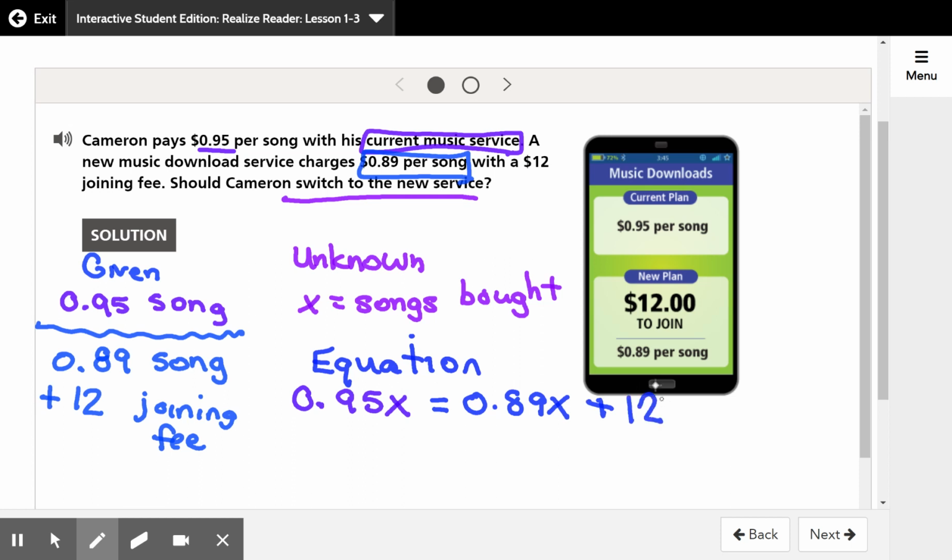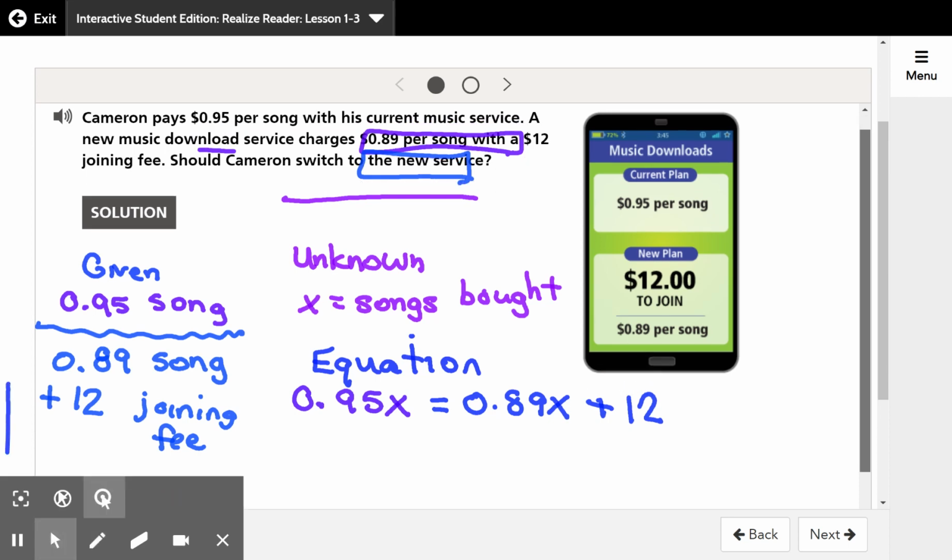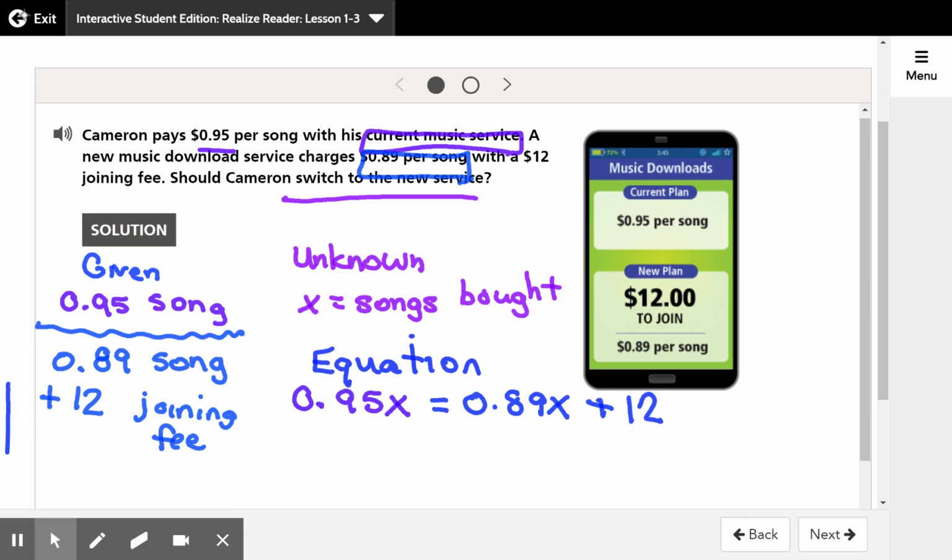Now the reason why I knew the 95 cents and the 89 cents should go next to the x is because we're talking about songs. So notice that we're talking about songs. We're talking about 95-cent songs, 89-cent songs. So that just helps you kind of match it up if you're confused on what number goes where.